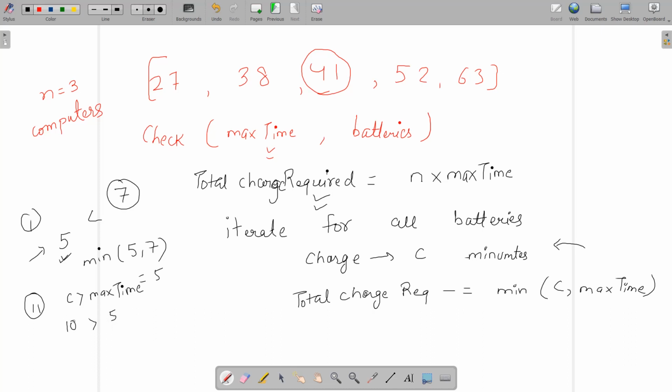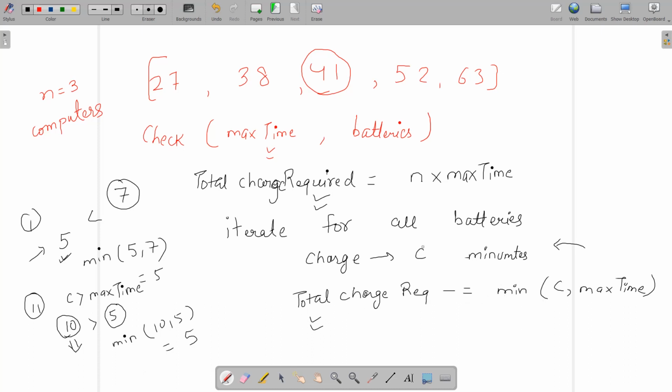The current charge provided by the battery is about 10 minutes, but you need only 5 minutes, since you want all the n computers to run for only 5 minutes simultaneously. So you will extract only 5 minutes of charge from this battery. That's why you will use min of 10 comma 5, which is actually 5. So total charge will always be decremented by min of c comma max time.